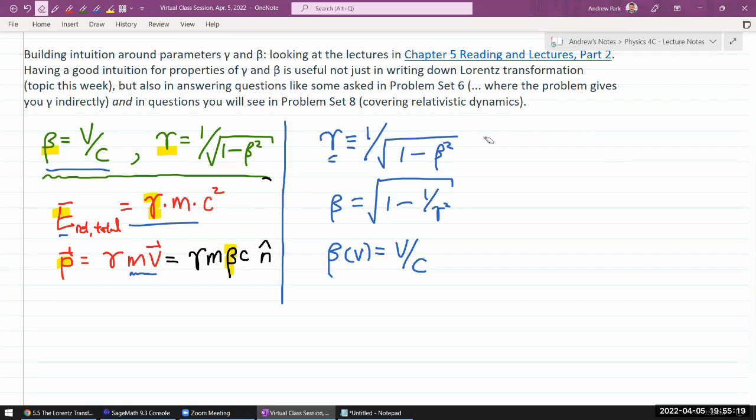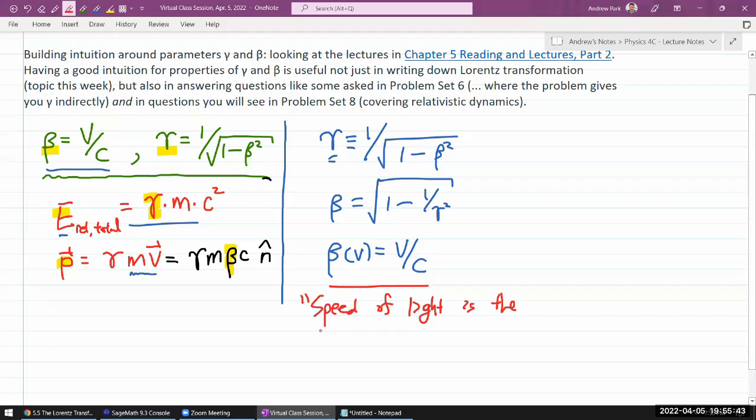There are some properties that are good to know, and you can kind of see them here. With this expression, it's not immediately obvious, but maybe you remember trivia like this: the speed of light is the universal speed limit. If you know that as something that someone who understands a little bit of modern physics should know, then great. What this means is that v is less than or maybe equal to c.